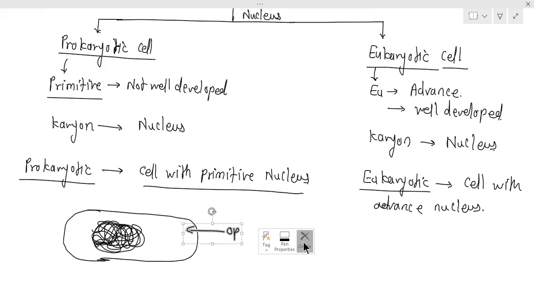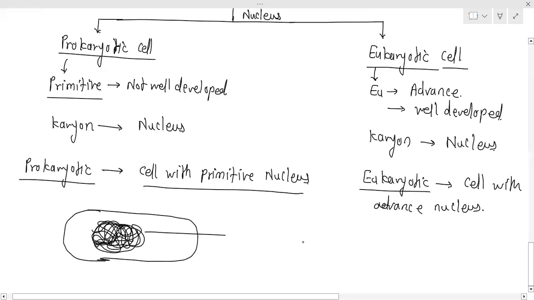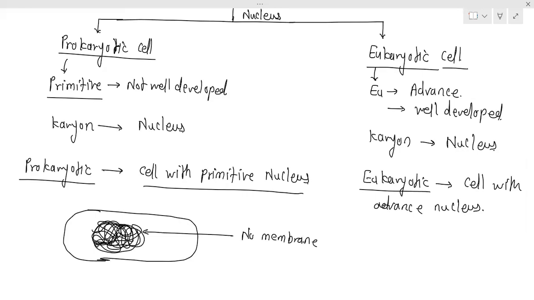There is no covering, no membrane on the nucleus. No membrane on the genetic material, right? It is open in the cytoplasm. There is no covering above it. That's why the nucleus is called the primitive nucleus.